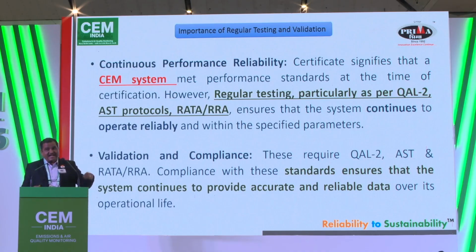But regular testing, particularly as per QAL 2 and AST, the annual surveillance test, or the RATA or RRA procedure, ensures that the system continues to operate reliably and within the specified parameters. Validation and compliance require QAL 2, AST, and RATA. Compliance with these standards ensures that the system continues to provide accurate and reliable data, and that is the need of the day for the regulators.